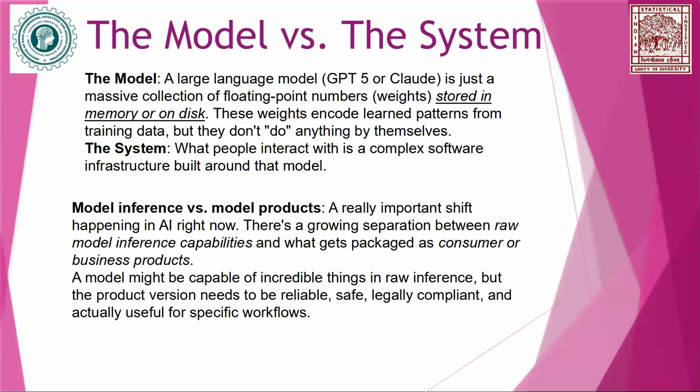So even though we always keep thinking about the models, what we actually interact with when you use something like ChatGPT or Claude is the system. So there is a distinction between the model and the system. And if I may share my extreme point of view with you, I think the model is 10% important, the system is 90% important.